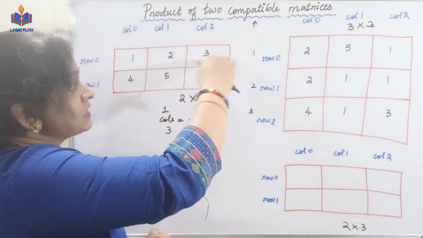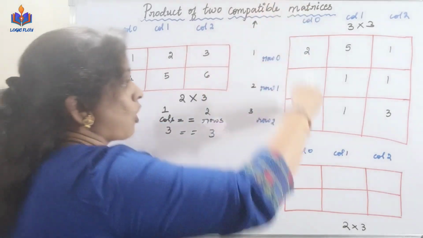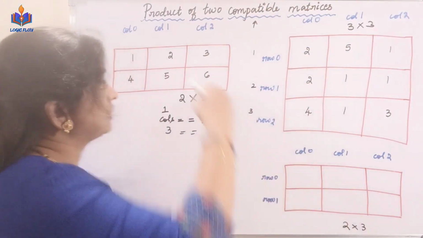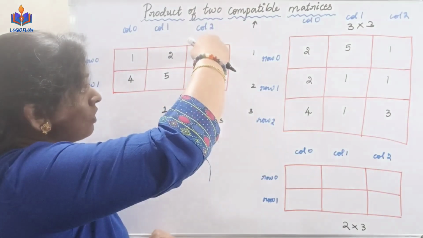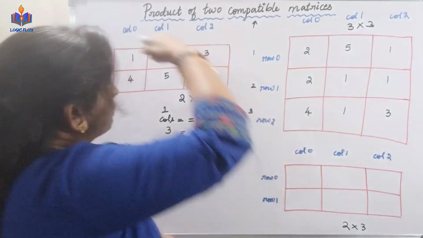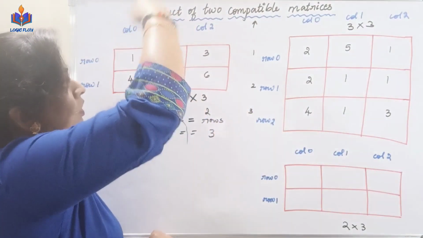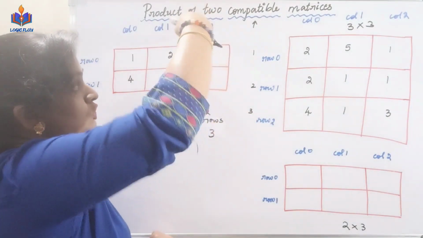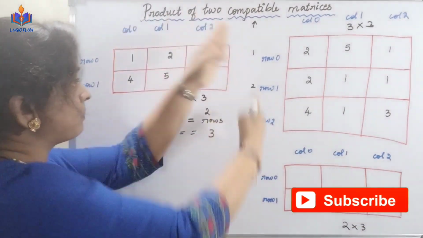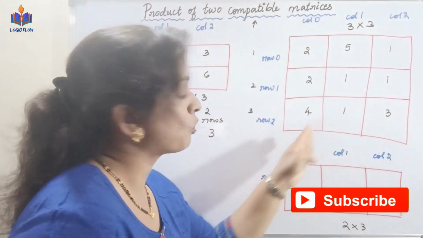When I bring this complete row to this column, I should have the equivalent rows here also. The first row I bring here and multiply with the first column. When I bring the first row, I get all the column values, so the columns should be equal to the rows here. See, 1, 2, 3 I bring here means I should have the respective rows here, right?